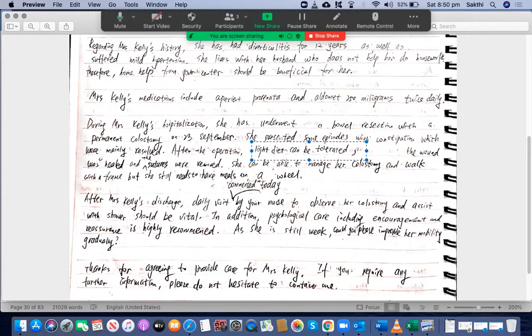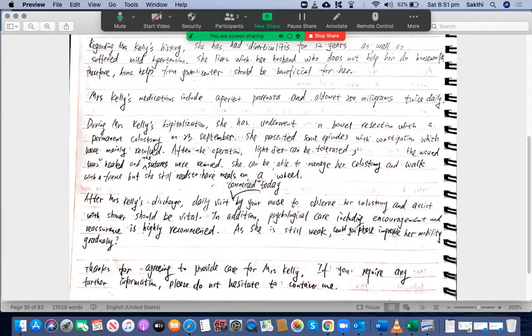Not even could be or can be. You could have avoided the use. Otherwise, you could have put this one in the next sentence. You can say after the operation, the wound was healed and the stitches were removed. That could have been much better. So light diet can be tolerated can go in the next sentence. She can be able to manage, I mean, she can manage. That's okay.